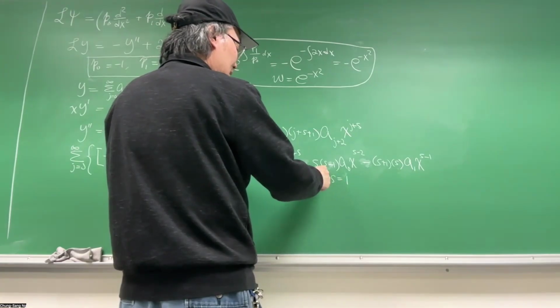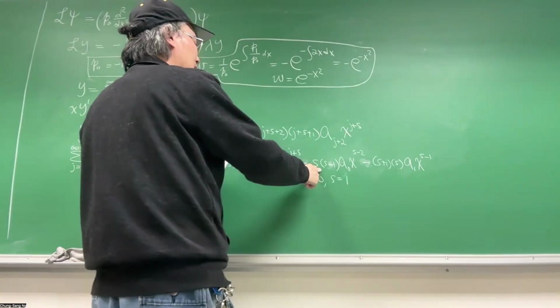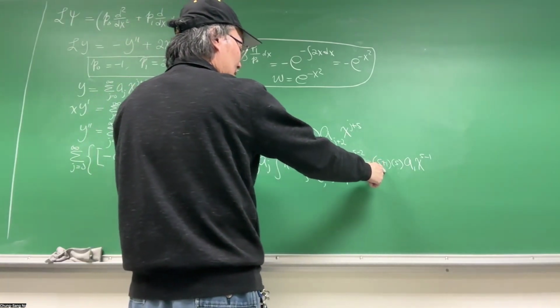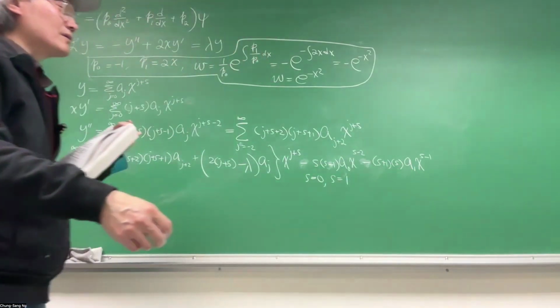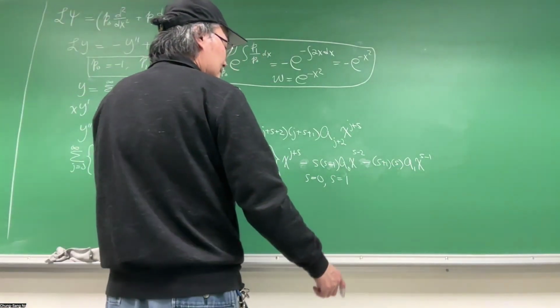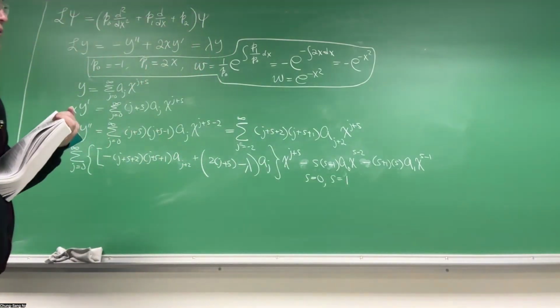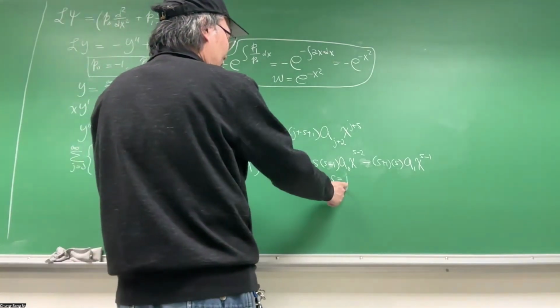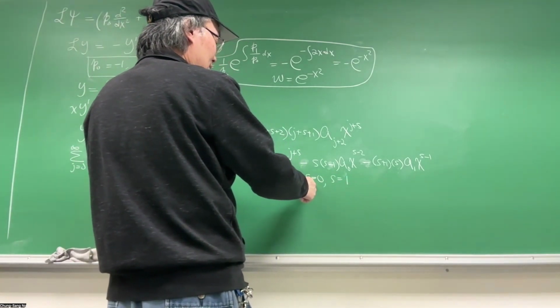For s equals 1, that is 0, obviously, and this coefficient is non-zero, then you must choose a sub 1 to be 0. So you have basically two independent solutions. So that's one way to do it, choose s equals 0 and s equals 1. The other possibility is you just choose s equals 0.